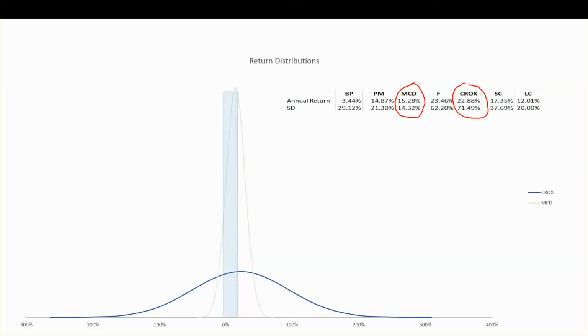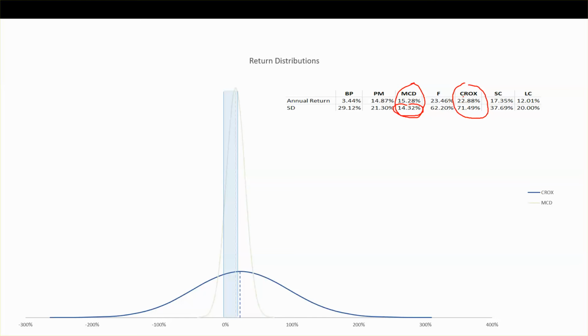And these returns were pretty tightly clustered together. I can tell that because it's got a fairly low standard deviation. When a company has a standard deviation of returns that's lower than the mean return, that's a pretty good indicator that they're fairly tightly clustered around the mean, the average.